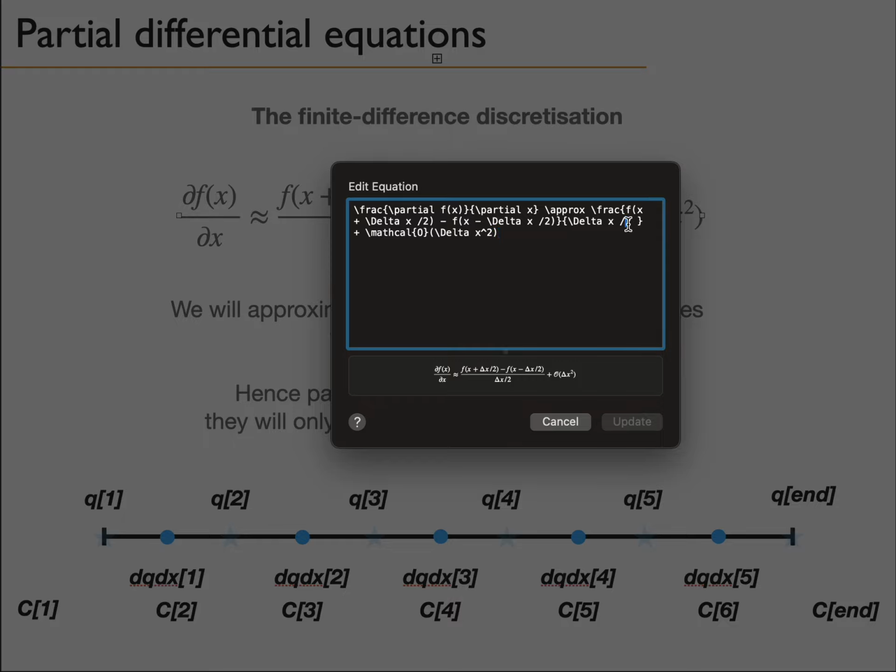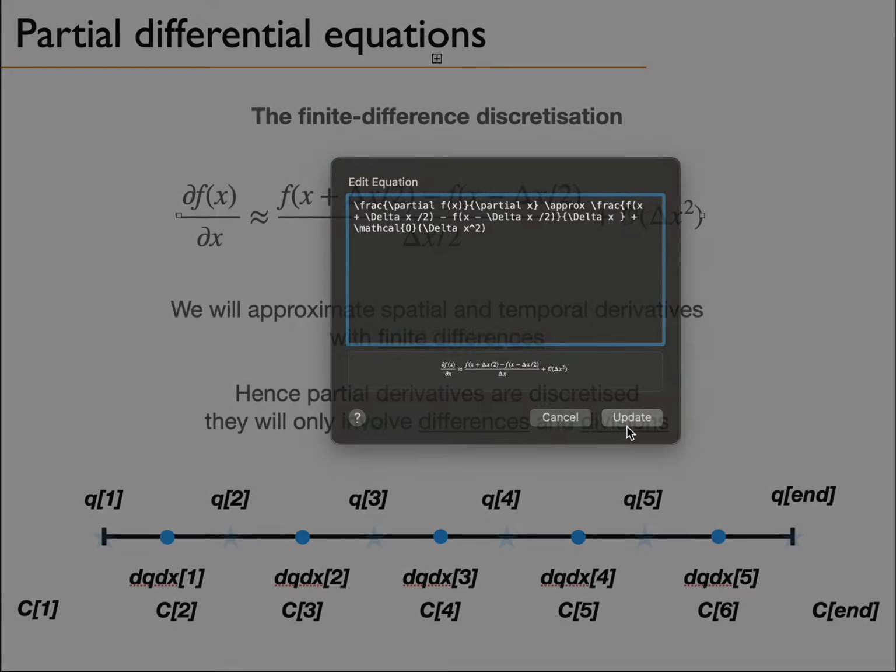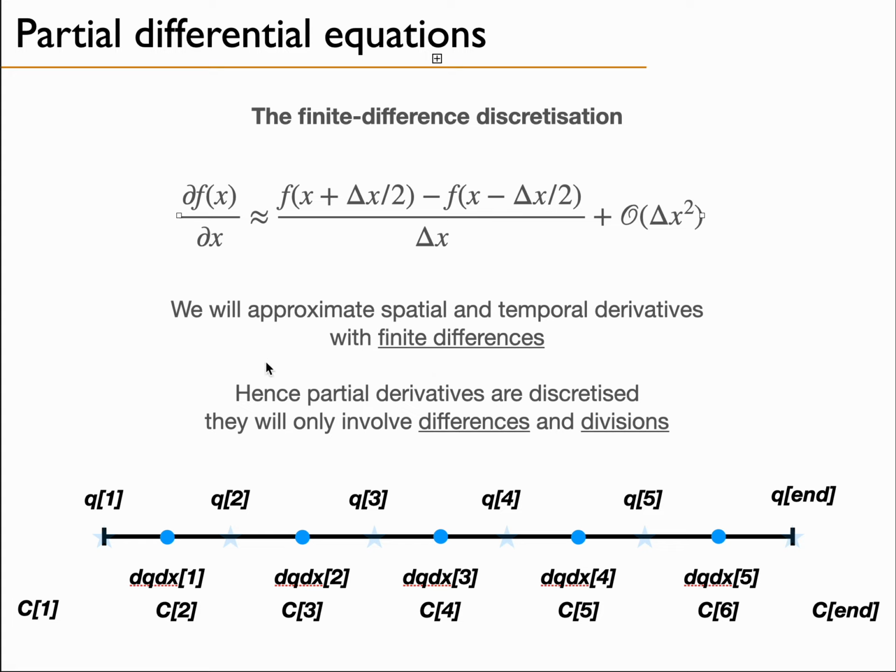And this will be our way to approximate spatial derivatives. So by doing this, all the partial derivatives become differences and divisions, which is very nice.